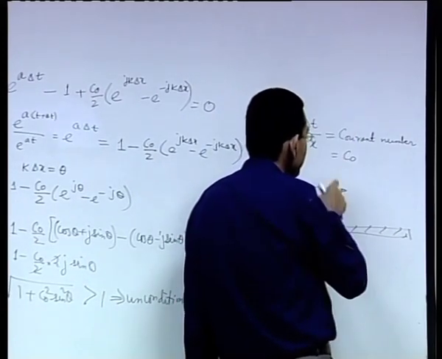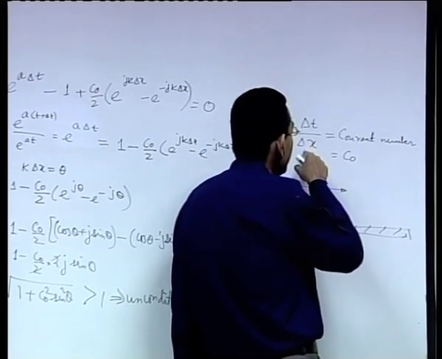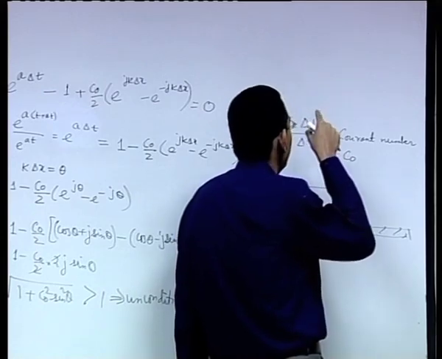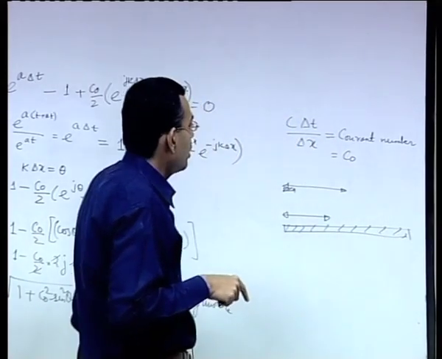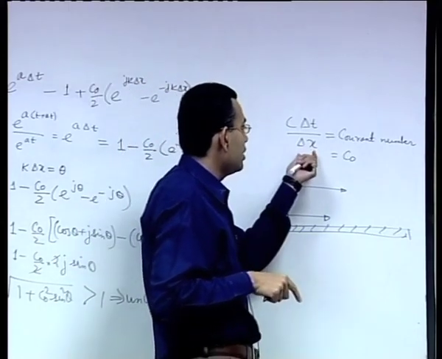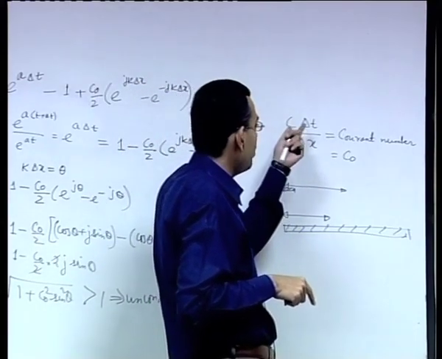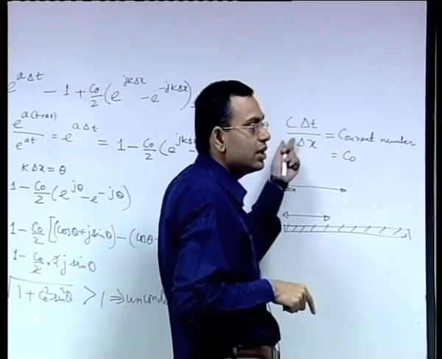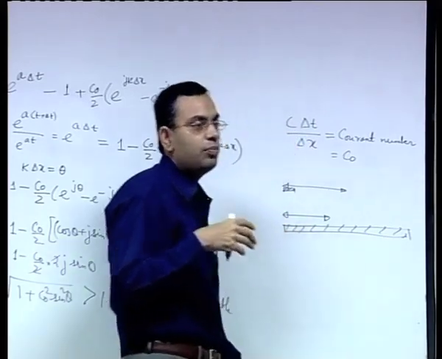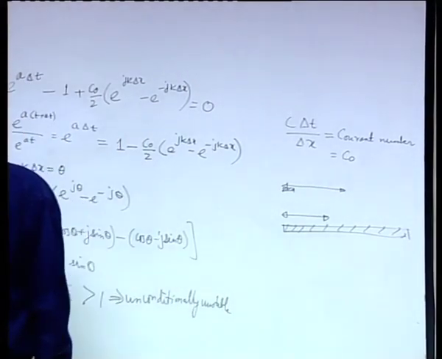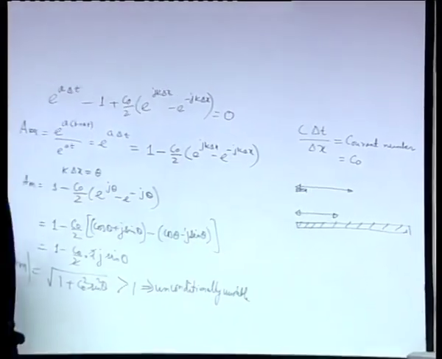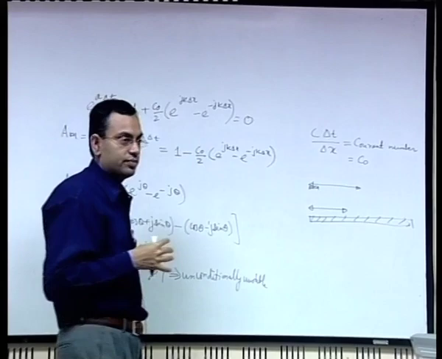So, what we can see here is that the propagation of the disturbance is related to the grid spacing, and that is how the time and space coordinates are connected to each other, which is one of the important hallmarks of a hyperbolic equation, where the time coordinate and the space coordinate are strongly coupled with each other.